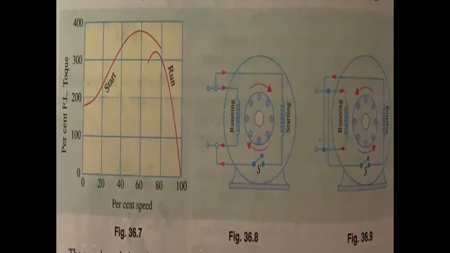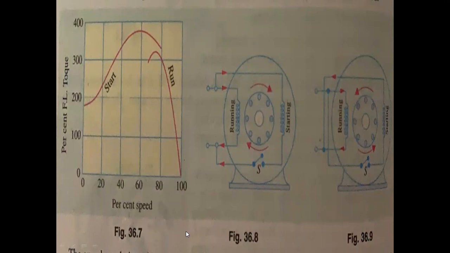These machines are used in applications such as fans, blowers, centrifugal pumps, separators, washing machines, small machine tools, duplicating machines, domestic refrigerators, and oil burners also. And there are still many more.